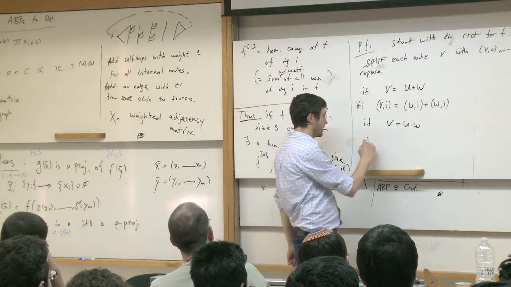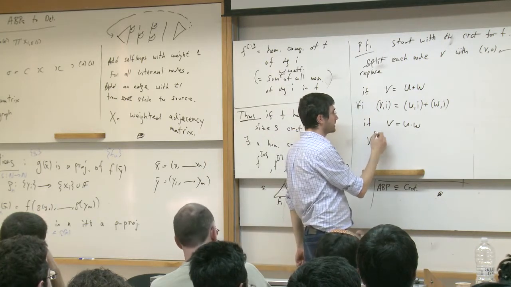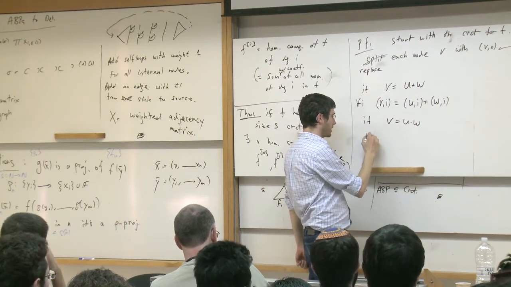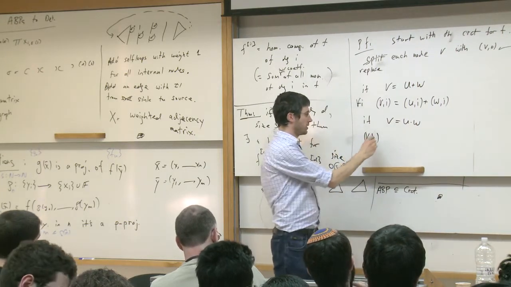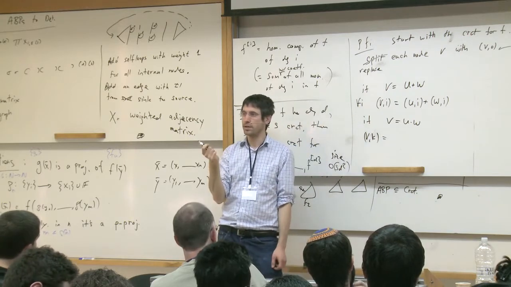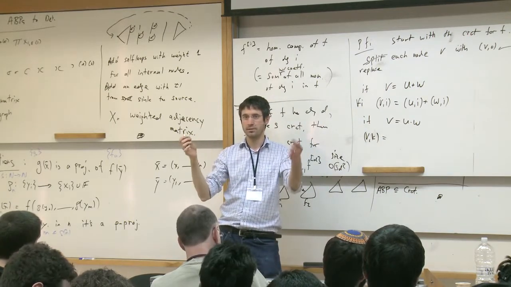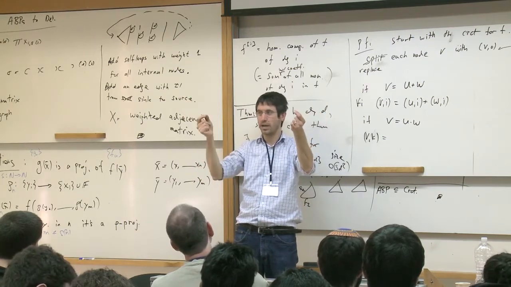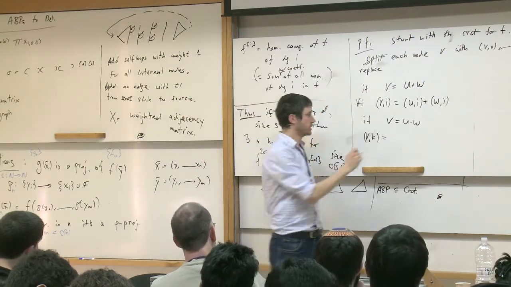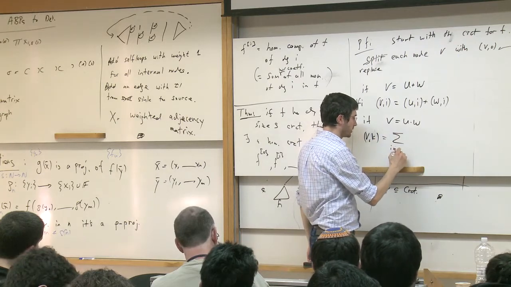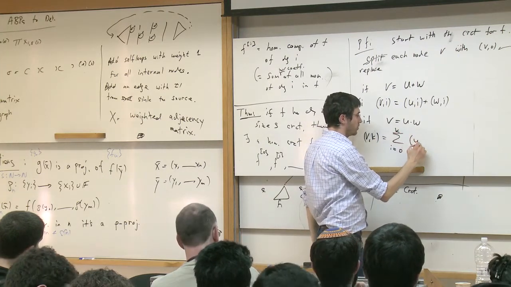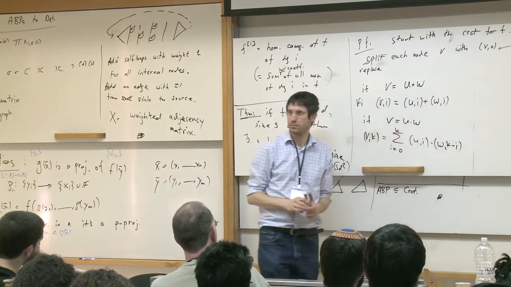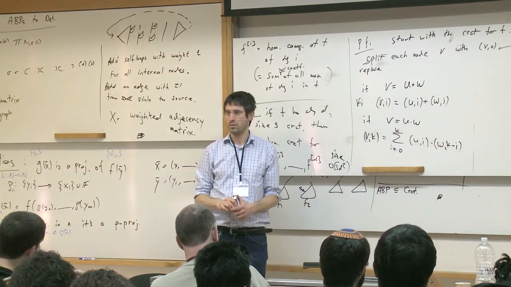Okay? What happens if V is U times W? Let's say K. Now what is the degree K part of V? How do you get it? Either you take a degree 0 from here and degree K from here, or degree 1 from here, degree K minus 1 from here, etc. So it's a summation, I go from 0 to K of Ui times W(K minus i). Okay?